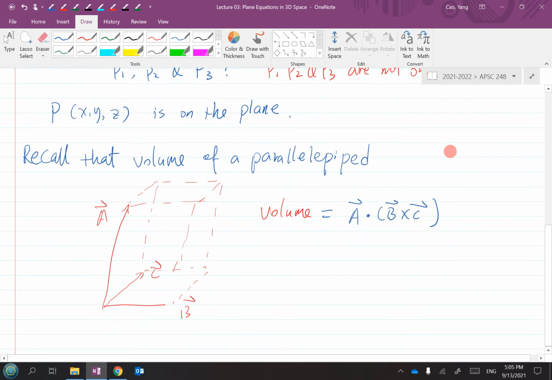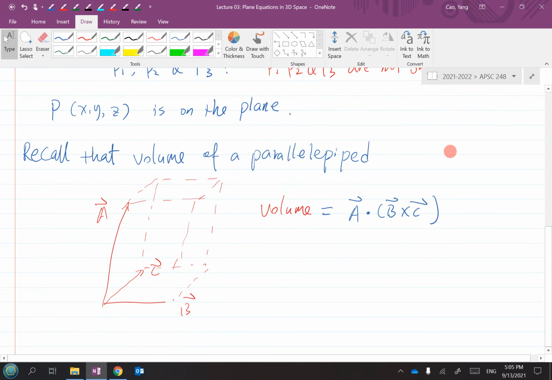This is the conclusion I'm going to make use of to derive the plane equation in 3D space. Let me ask you a very simple question now.